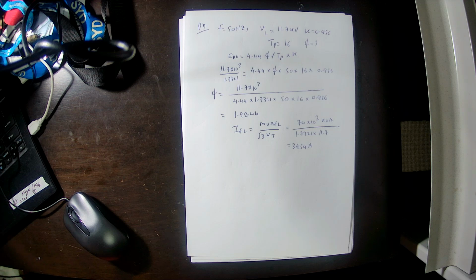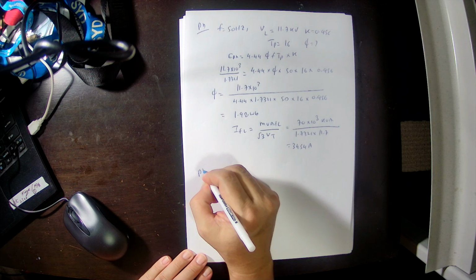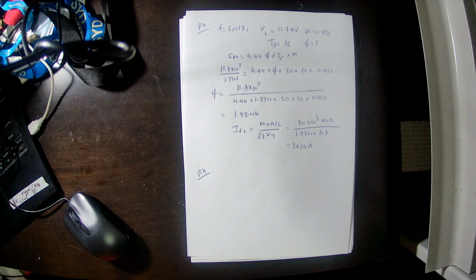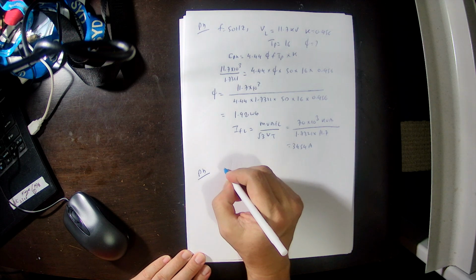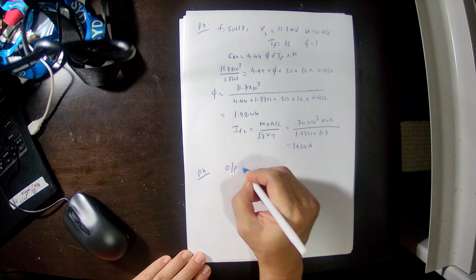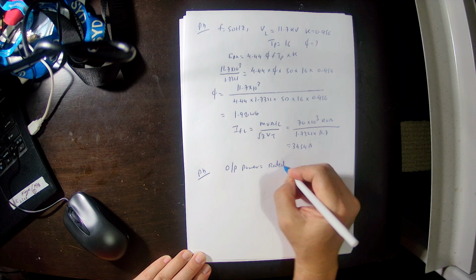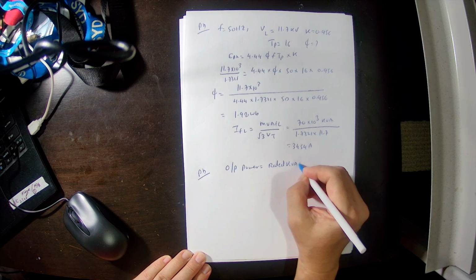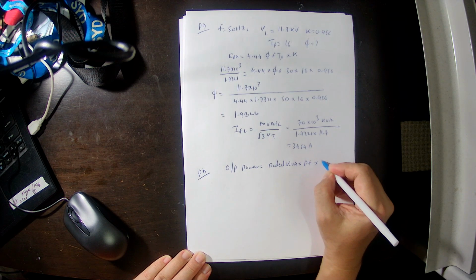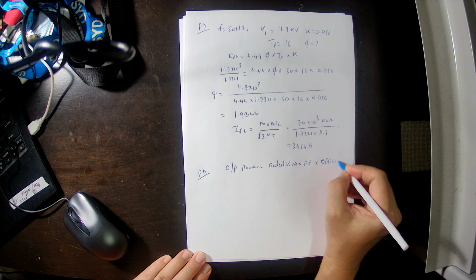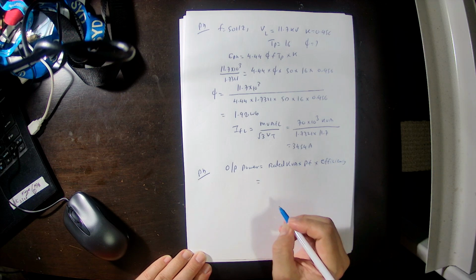The next one. The 70 MVA alternator efficiency is 92%. Full load is at 0.8 power factor. You have to calculate power output. So in this case, output power equals rated kVA multiplied by power factor multiplied by efficiency.